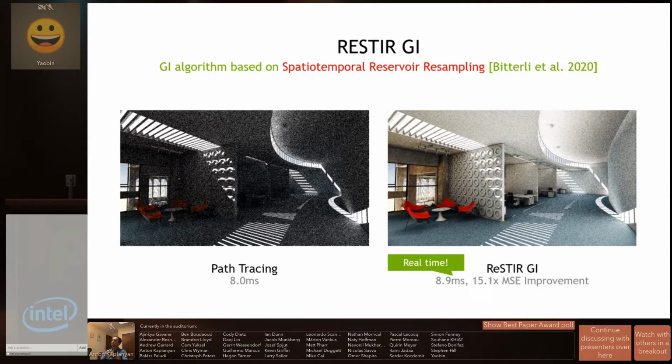It can support multiple bounces. It can significantly reduce noise, achieving mean square error improvement from 10 times to 116 times, and most importantly, it can achieve real-time frame rate. In these figures, the 1 SPP path tracing takes 8.0 milliseconds, while ReSTIR GI takes 8.9 milliseconds.